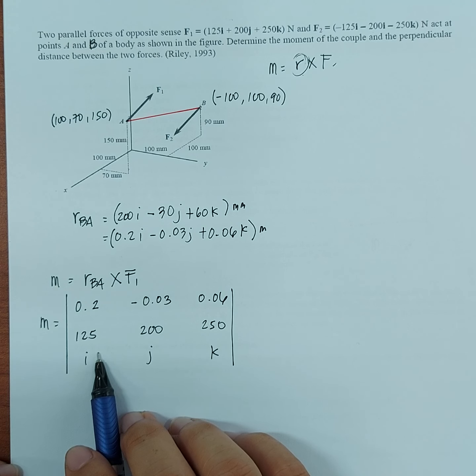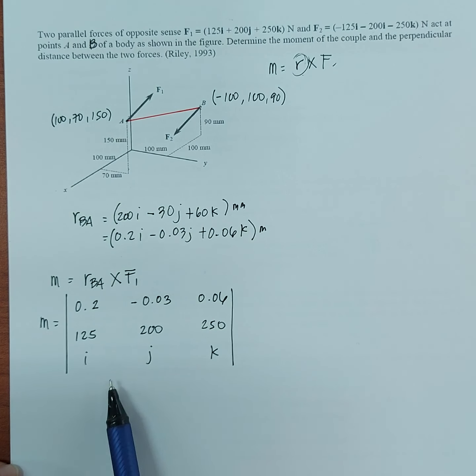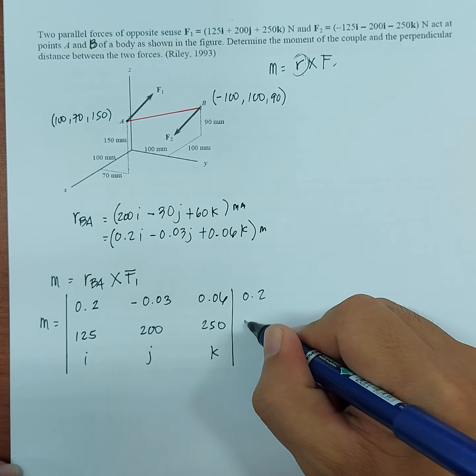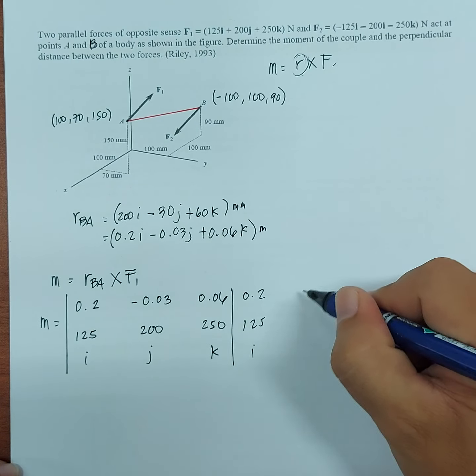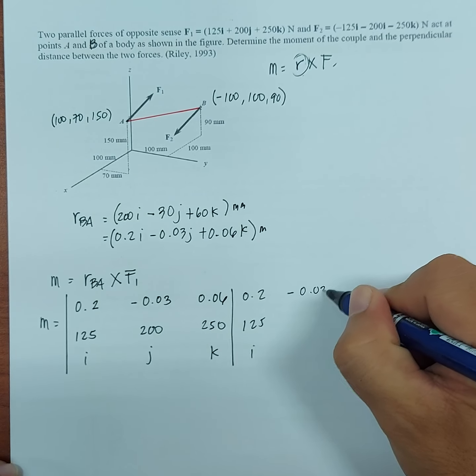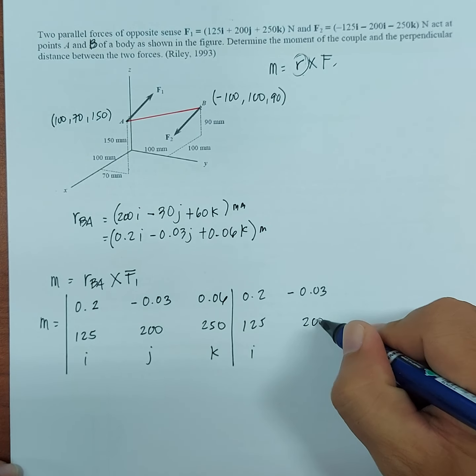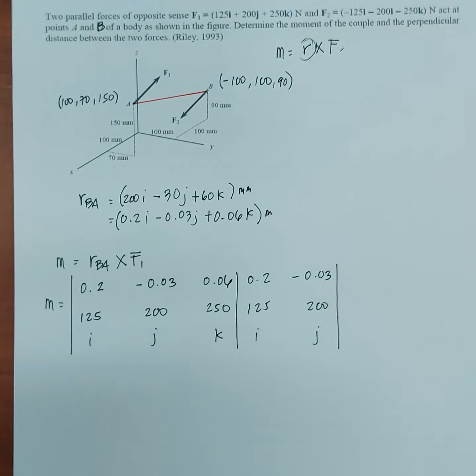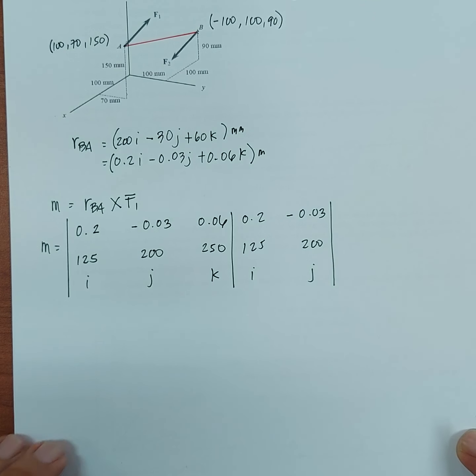Then copy using basket method, copyhin lang natin yung first two columns. 0.2, 125, I, negative 0.03, 200, J.